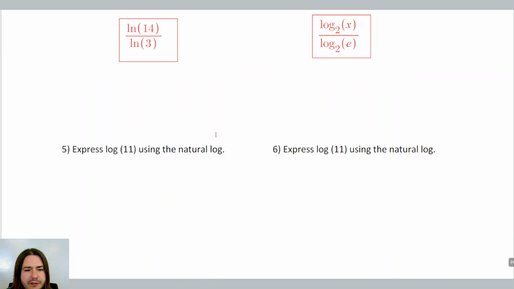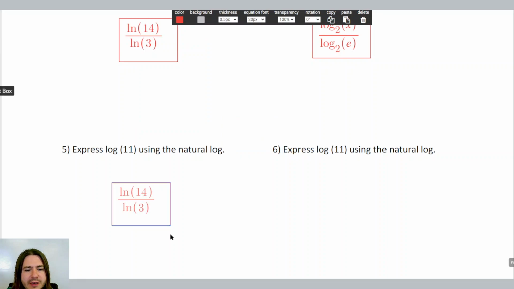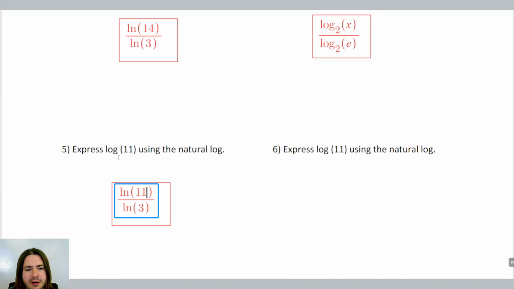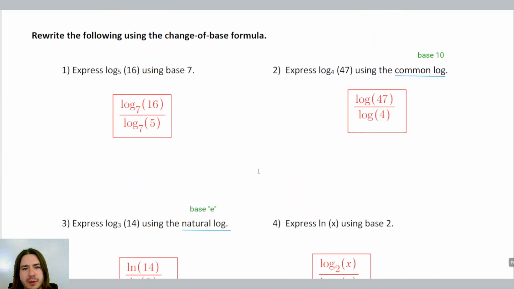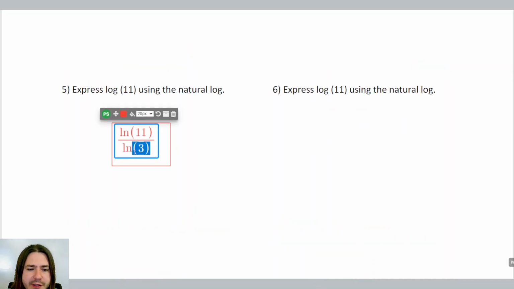So I'm going to take this one up here. So the number that's going to go up top is going to be 11, and then you have to know that when you don't see a base written here, it's assumed to be 10. So going back up here, this is the common log we were talking about earlier. So this would be natural log of 10.